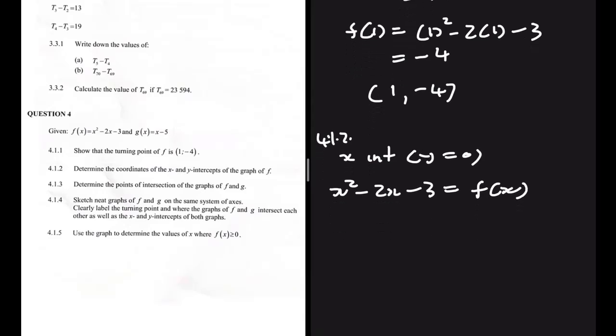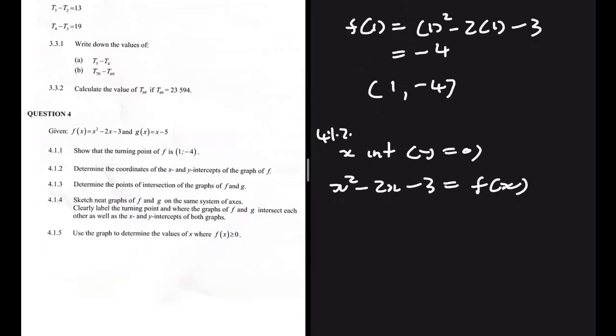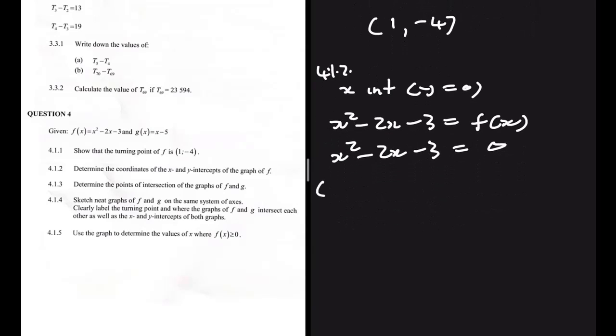That is our function. Now we let y equal 0 in order to find our x-intercept. So we're going to have x squared minus 2x minus 3 equal to 0. We can simply factorize at this point. We can open 2 brackets equal to 0. We have x there and we have x there.